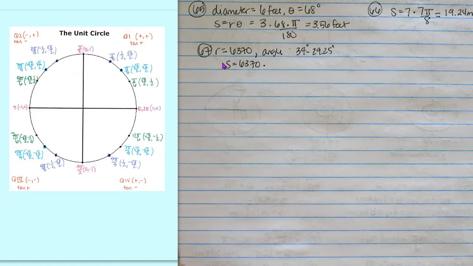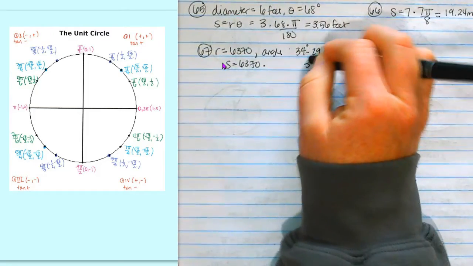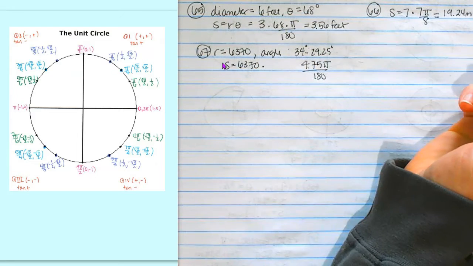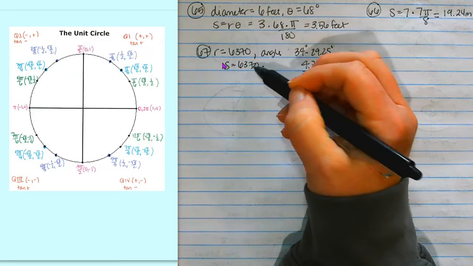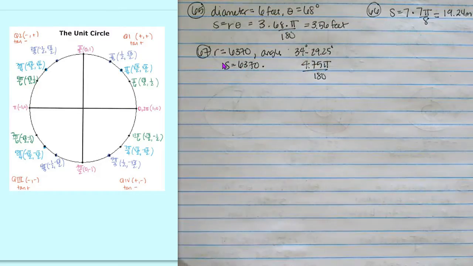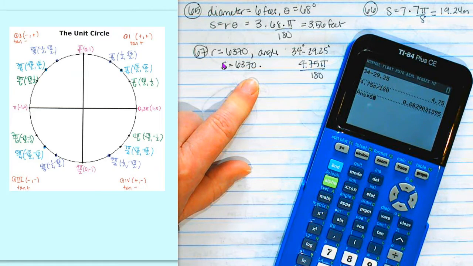If I subtract these two, I get 34 minus 29.25, which is 4.75. So I need to say 4.75 times pi over 180. That converts it into radians. Then I'm going to say 6370 times this: 4.75 pi divided by 180, that's the radians, and then I'm multiplying by 6370.